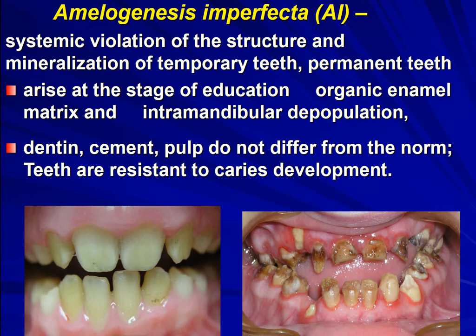Amelogenesis imperfecta. Systemic violation of the structure and mineralization of temporary and permanent teeth arises at the stage of formation of the organic enamel matrix and intramandibular depopulation.